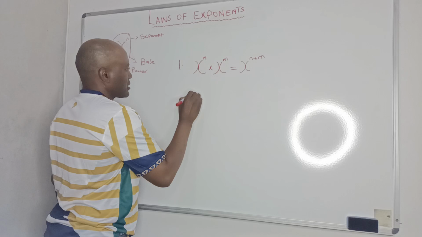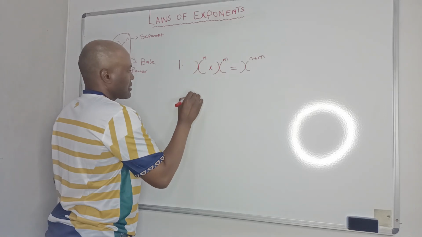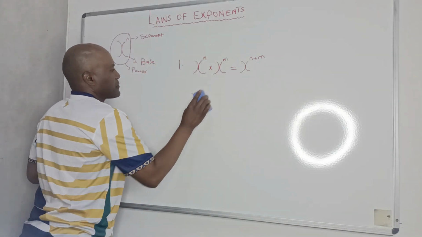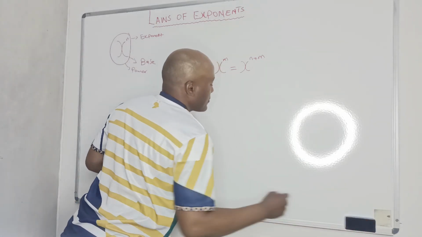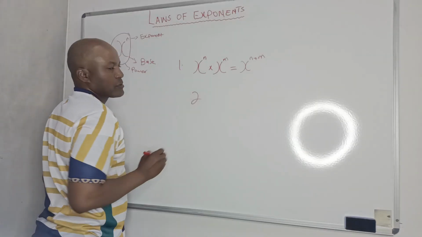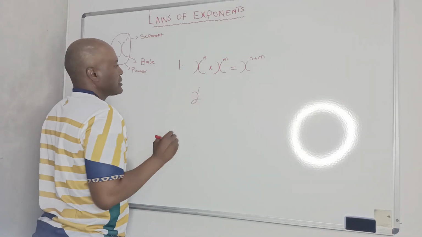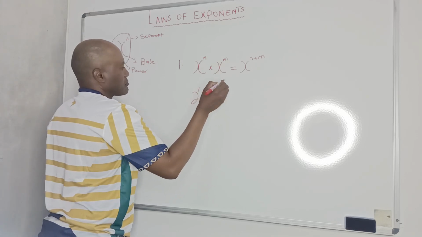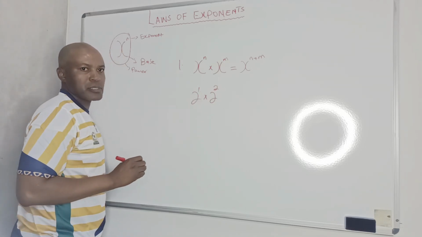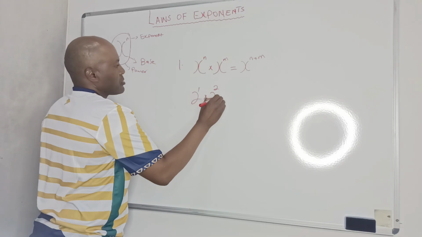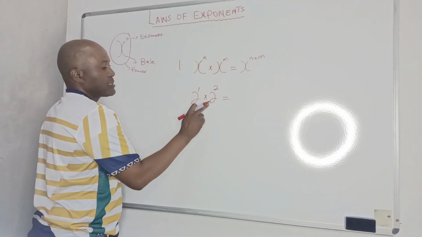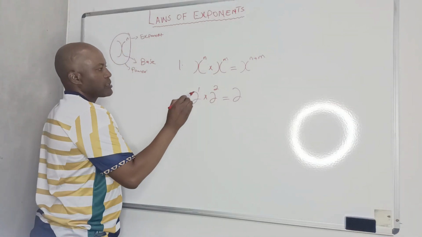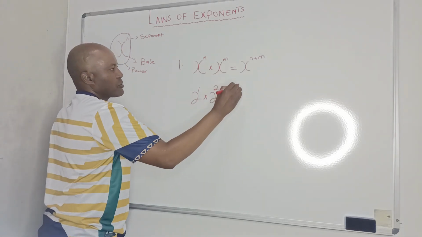Let's check an example. If you have got 2 raised to 1 multiplied by 2 raised to 2, the bases are the same. You take one base, then you add the exponents on top.